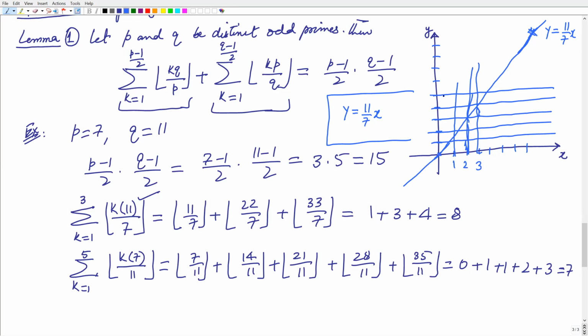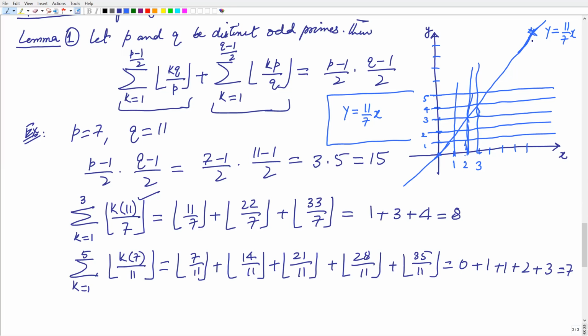And in this case 1, 2, 3, 4, 5. So here, how many integer points do we have in this box? 1, 2, 3, and 1, 2, 3, 4, 5. So there are 15 integers here.